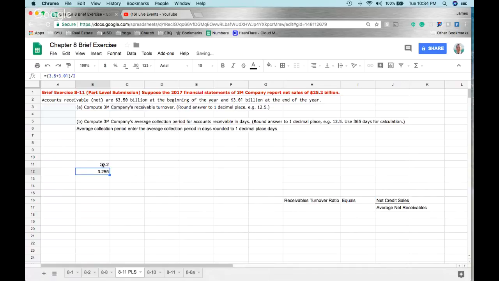So let's take this, equals, and then divided by, and then your answer will come out to 7.7419. And then you need to round it to the nearest decimal place right here. It says to 1 decimal place. So your answer will be 7.7.